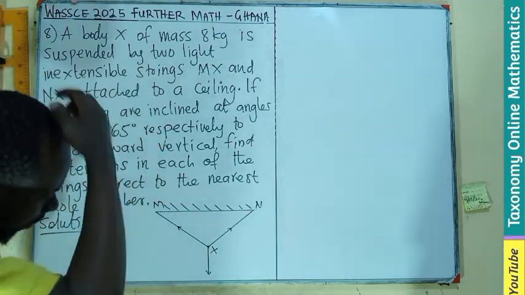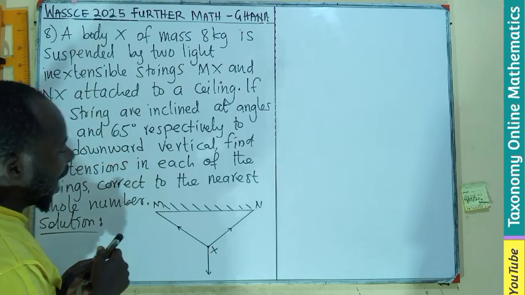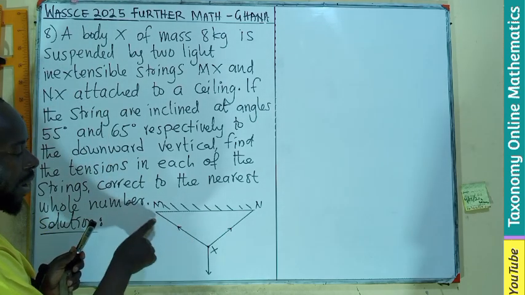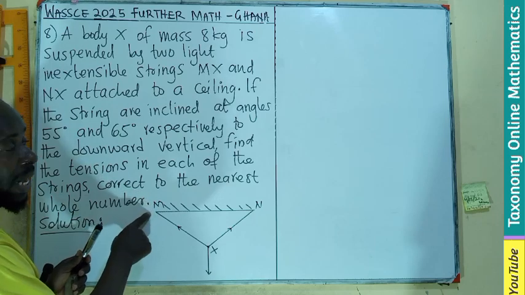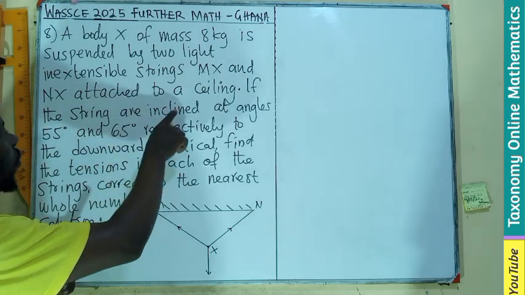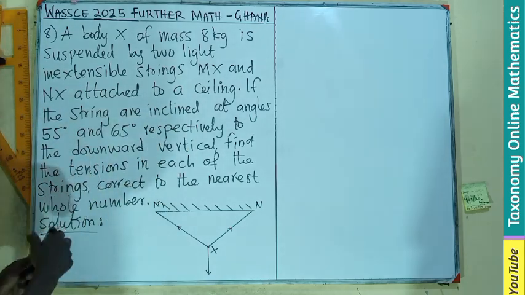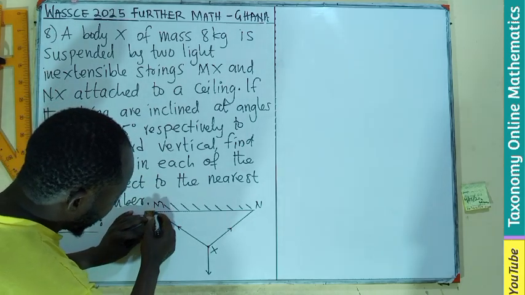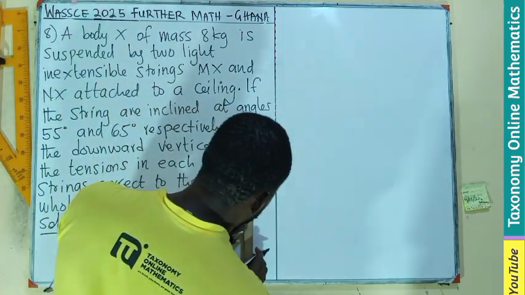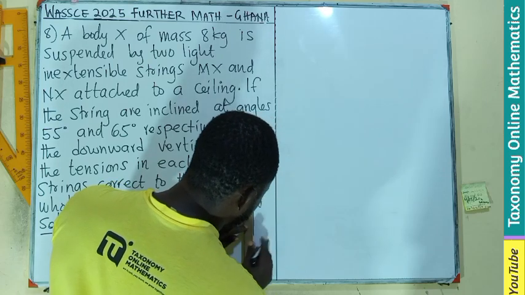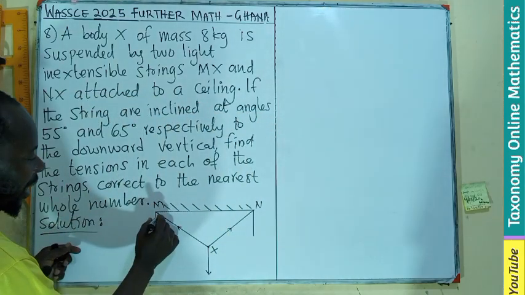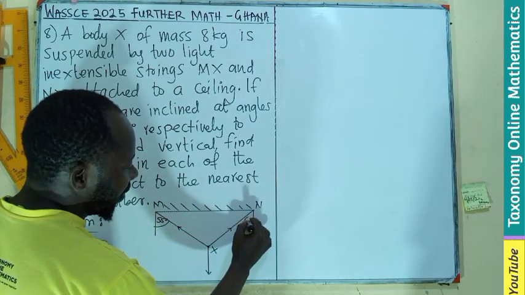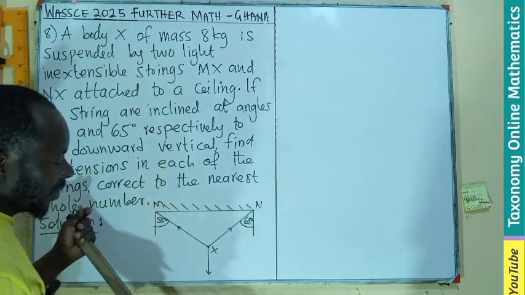So MX and NX are attached to the ceiling. Now, they said the angle that the strings make is with the downward vertical. There's a downward force here, which is a downward vertical force. So at where the strings are attached, that angle is 55 degrees and 65 degrees respectively.